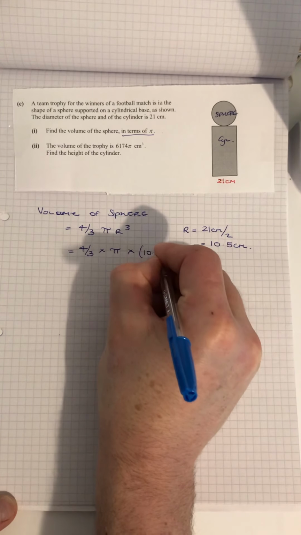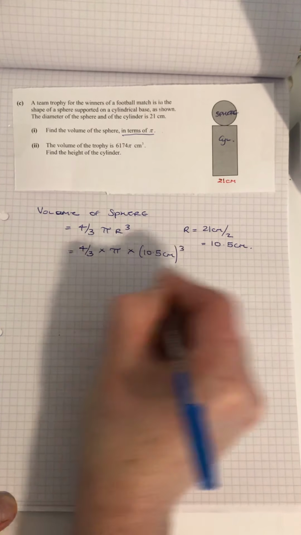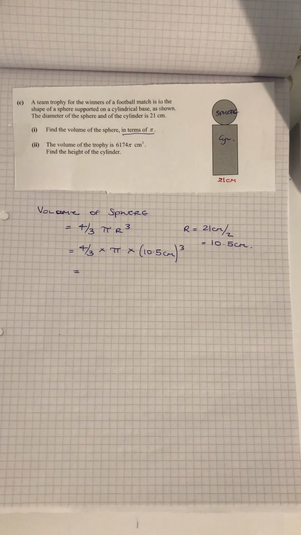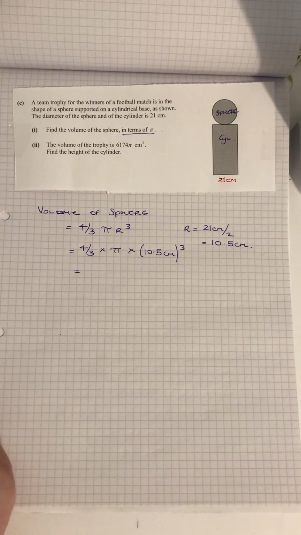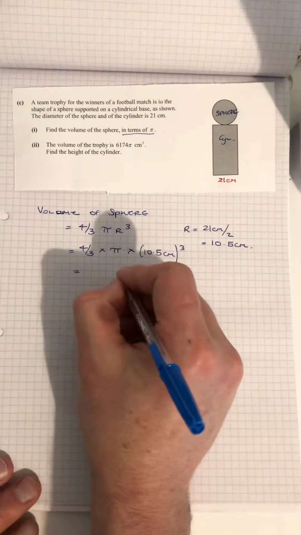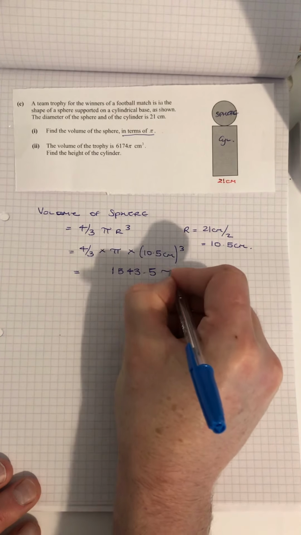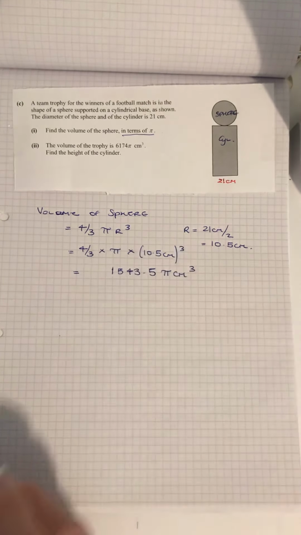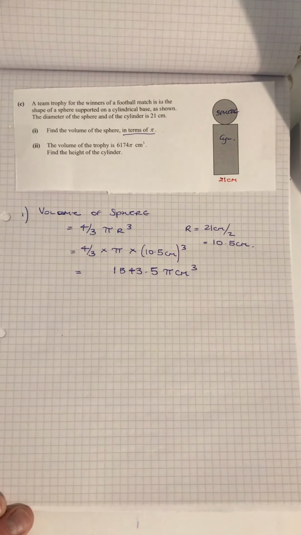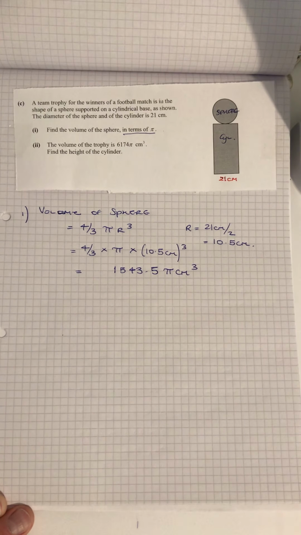So it'll be 10.5 centimeters cubed. So 4 over 3 multiplied by 10.5 cubed gives me 1543.5, and we include pi centimeters cubed, and that's the volume of the sphere.